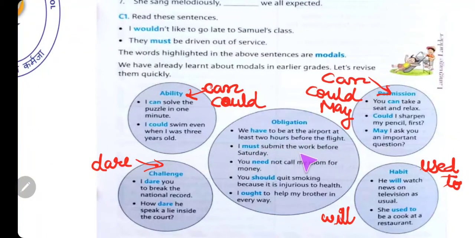I must submit the work before Saturday. You need not call my mother for money. You should quit smoking because it is injurious to health. I ought to help my brother in every way. So here have, must, need, should and ought come under obligation.